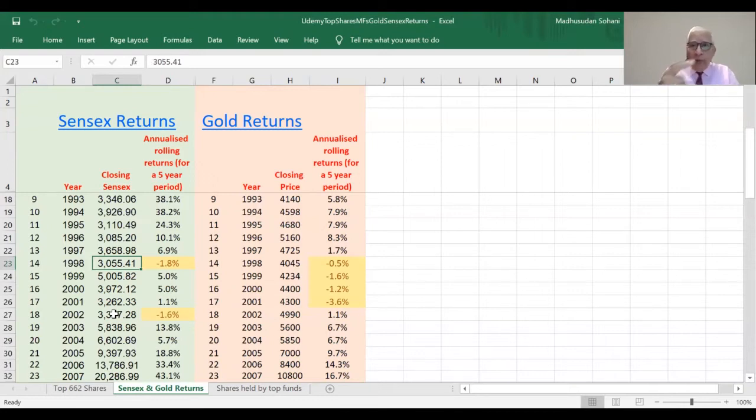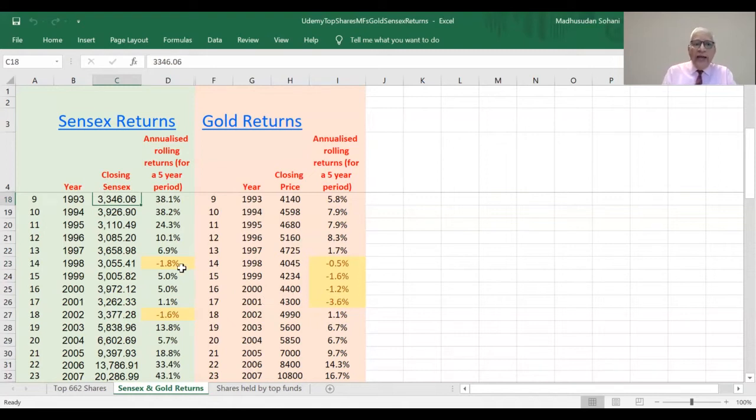If you go back 5 years, 1, 2, 3, 4, 5, the index was 3346, and compared to that, 3055 is lower. 3346 becoming 3055 gives an annual return of minus 1.8%, because 3055 is lesser than 3346.